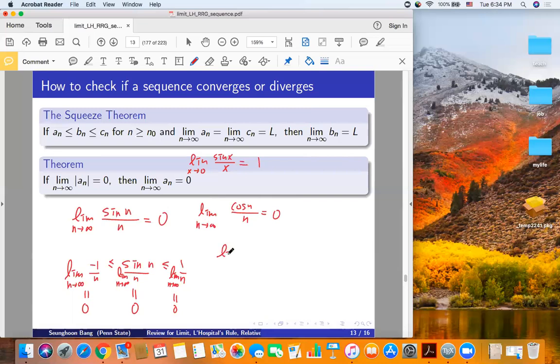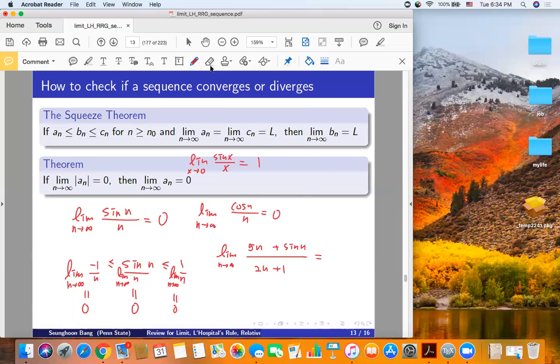One example: the limit as n approaches infinity of 5n plus sine of n over 2n plus 1. What is the answer?